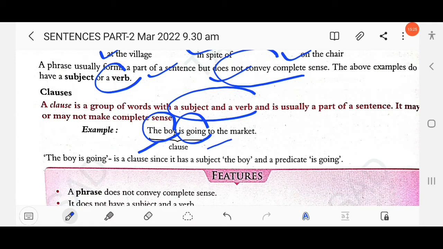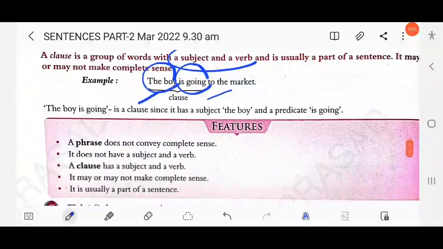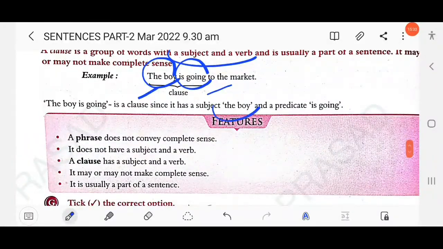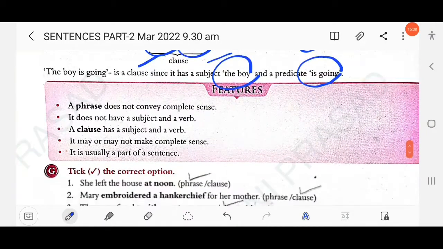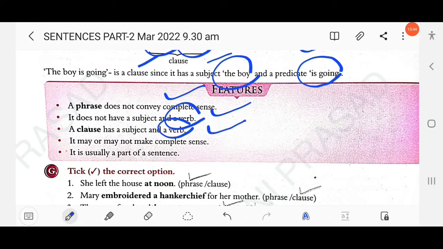This is a clause, right? So here a phrase does not convey complete sense. It does not have a subject and a verb. A clause has a subject and a verb. It may or may not make complete sense. It is usually a part of the sentence, right?